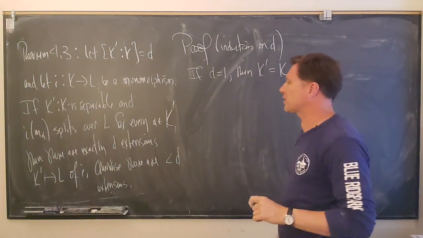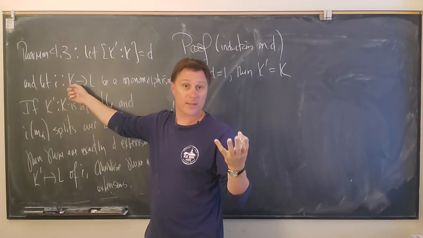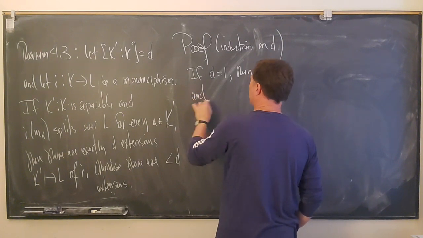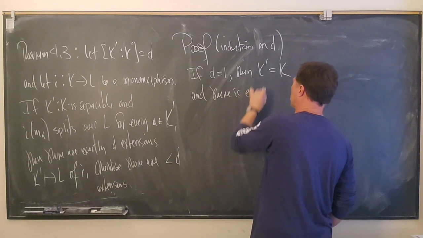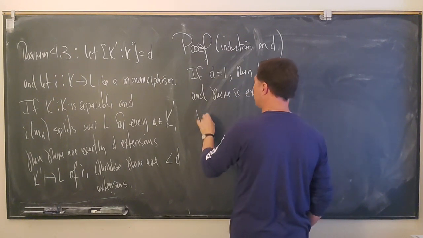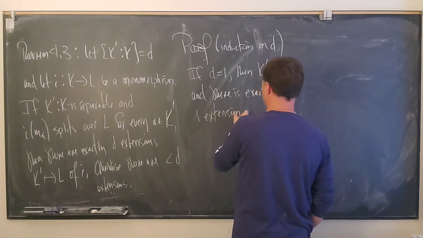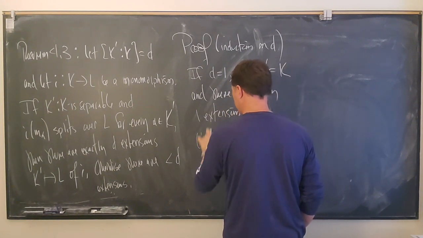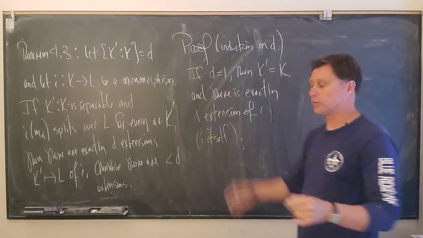And so if you try to extend I, there's exactly one extension, right? Just I itself. So there is exactly one extension of I. Who is that? Well, it's I itself. There's nowhere to extend to.